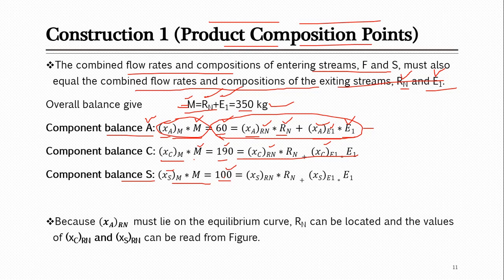Now it will split into two parts, raffinate side and extract side, because this is the partially miscible system which we are discussing. So in this, definitely the carrier and the solvent are distributed into both. But just for example, if this was an immiscible system, which terms will be omitted?